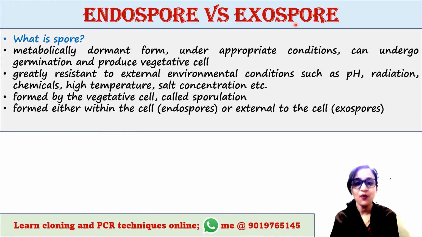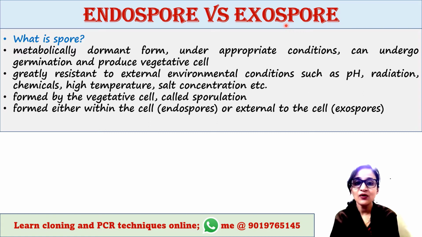Hence, they form spore which sustains such environmental conditions, which does not require food. Once it gets all the optimum conditions in future, it gets germinated again and generates vegetative cell. Vegetative cell is very much delicate. It only survives when everything is good. So that's the importance of spore formation.